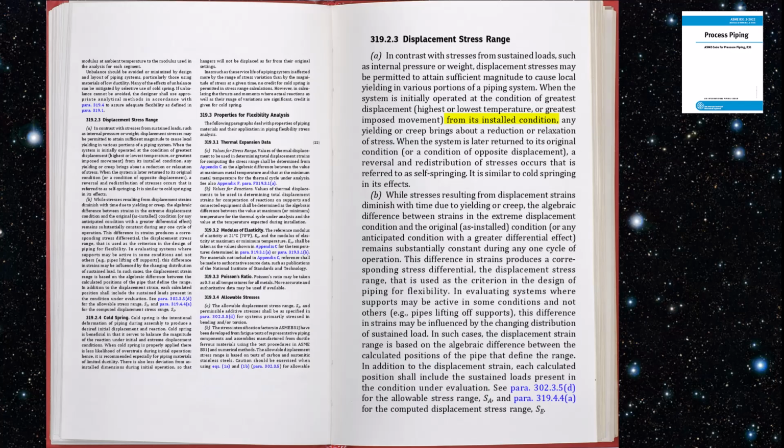1,000 degrees Fahrenheit. But say we have some cold temperature on the Gulf Coast and the temperature drops in the winter to 10 degrees Fahrenheit. Is the displacement stress range then measured from 10 degrees Fahrenheit to 1,000 degrees Fahrenheit? That's the question. Well, let's look at that.